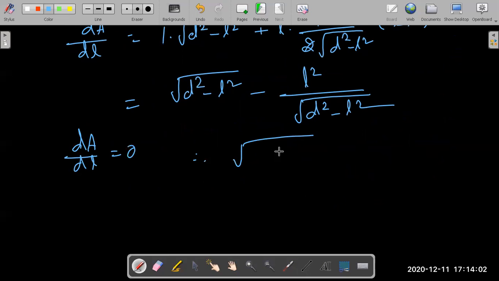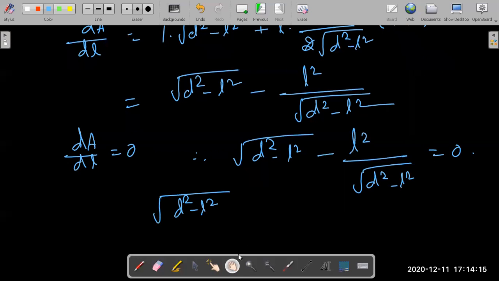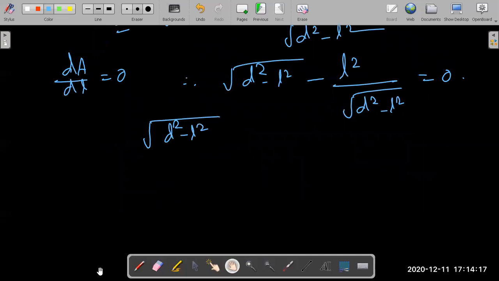Therefore, the square root of D squared minus L squared minus L squared divided by the square root of D squared minus L squared equals 0. Which means the square root of D squared minus L squared equals L squared divided by the square root of D squared minus L squared. Are we getting the similar thing again?